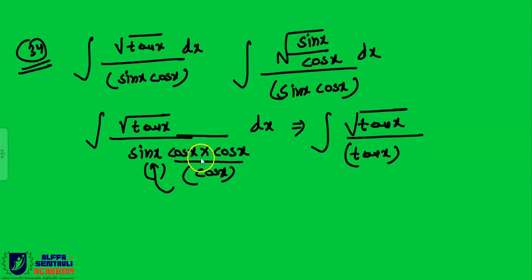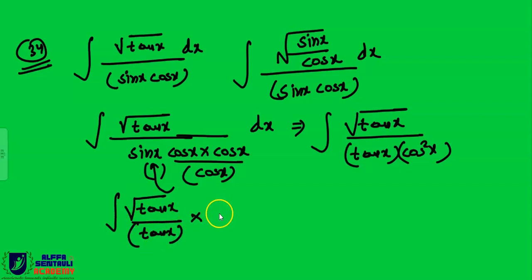And this has become cos square x, correct, beta? Yes. Now if we take the reciprocal, this is root tan x upon tan x, multiplied with sec square x, correct? dx. Got it?